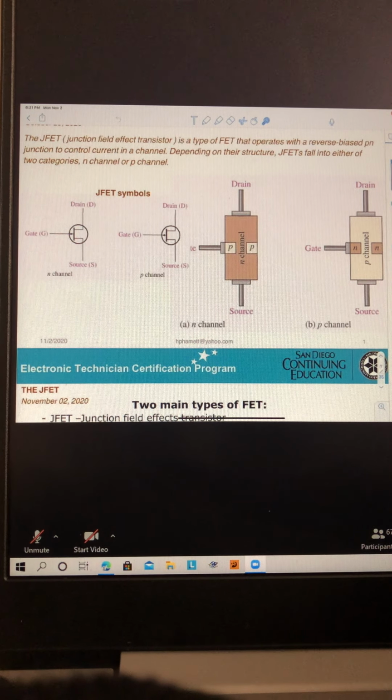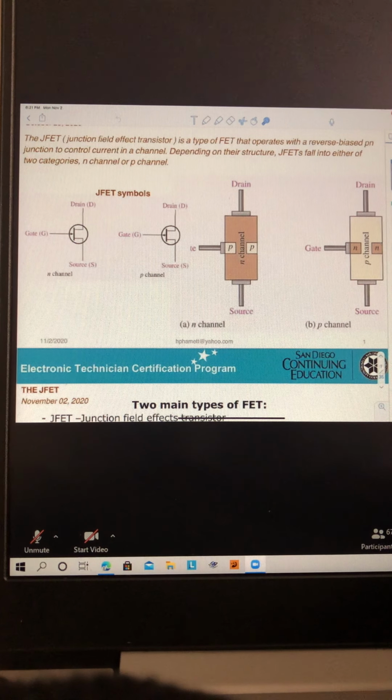The first one to go here is the drain, this will be the gate, and this will be the source, for N channel. For P channel, you can see they will be P inside and N on the other. And they give you the symbol here. That will be N channel, and that will be P channel.